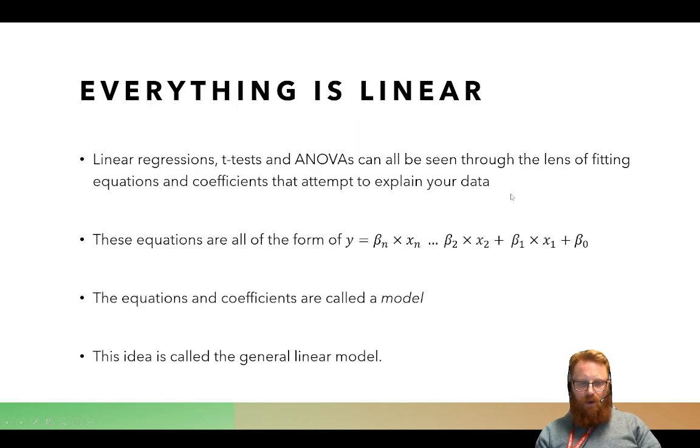All right, so why are we doing this? We are doing this because now we can treat both the linear regression and the ANOVAs all in the same way. They are all equations where we say y equals beta n times x n. So beta is the coefficient we fit, and x n is the input to the model. It can either be a 1 or a 0 in the case of an ANOVA, or it can be a continuous variable in the case of a linear regression.